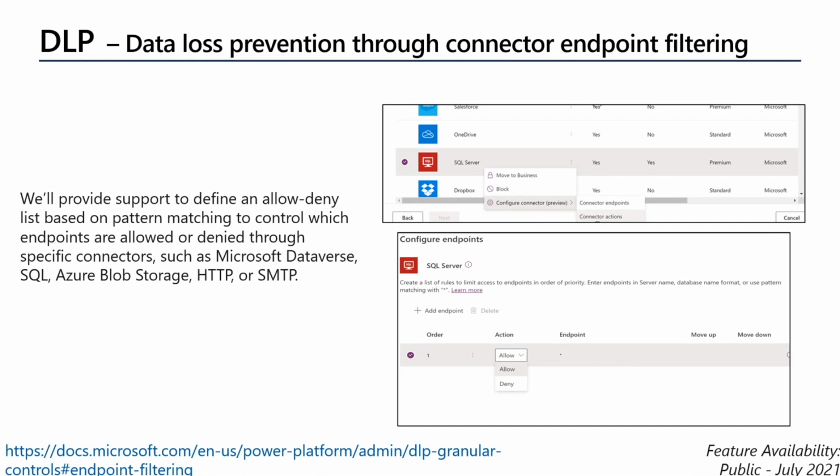This facility is available for HTTP with Azure AD, HTTP webhook, SQL Server, Dataverse, Azure Blob Storage, and SMTP connection endpoints. So you need to go to the connection, and then you specify here allow or deny.